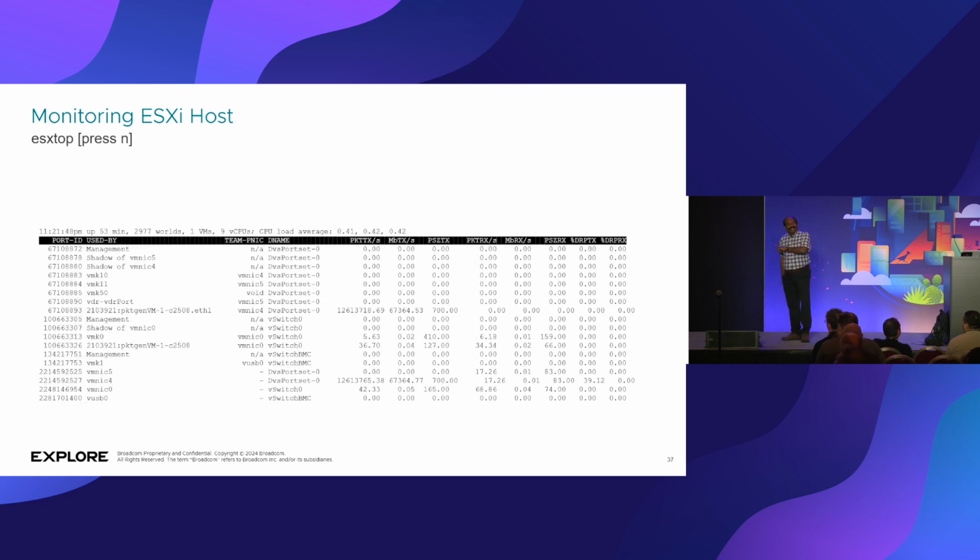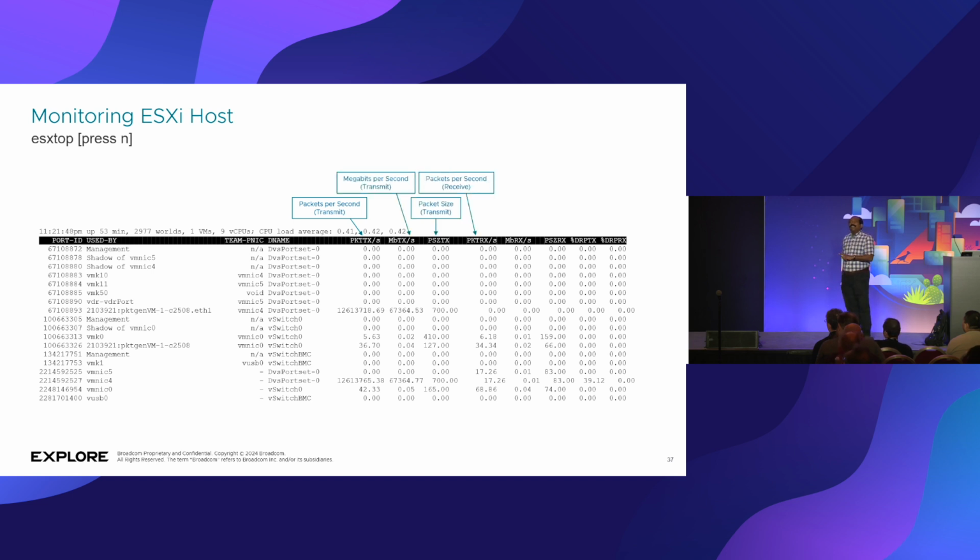This is my favorite, like I said, multiple times today. Probably the first thing that you want to look at, if you're hitting some issues. I won't call out everything, but it shows both the packets per second TX, that is transmit, and RX, receive, and also the MB that it is observing, what the packet size is, both receive and transmit, and also drop percent.